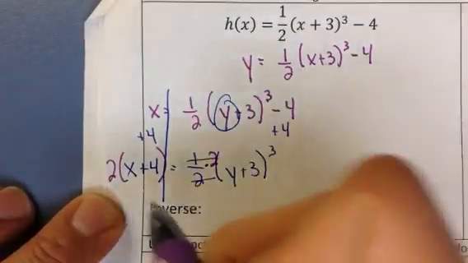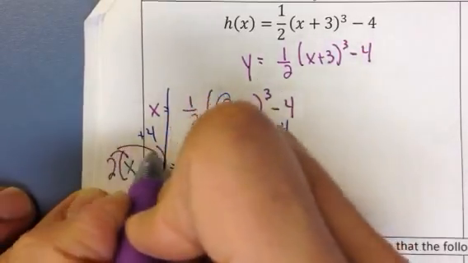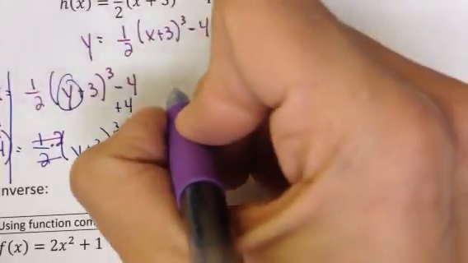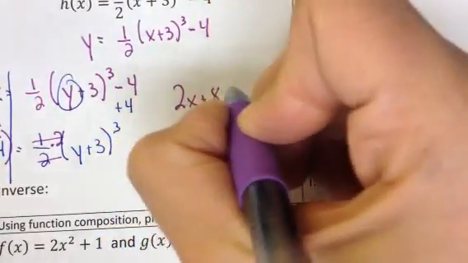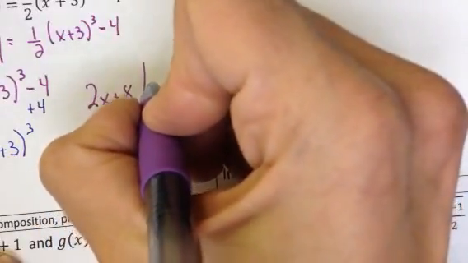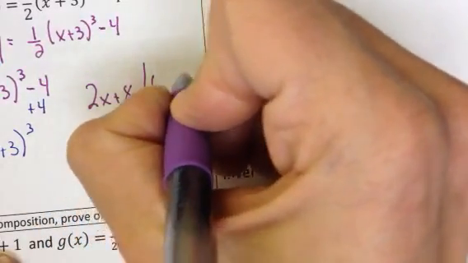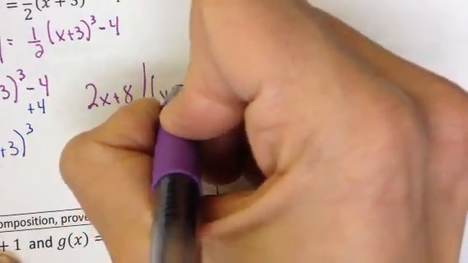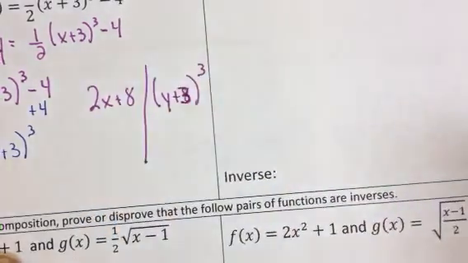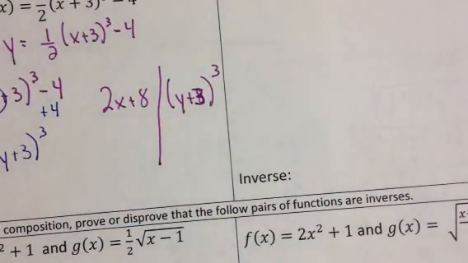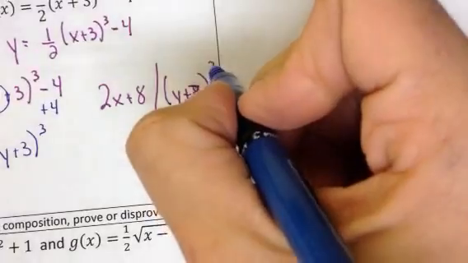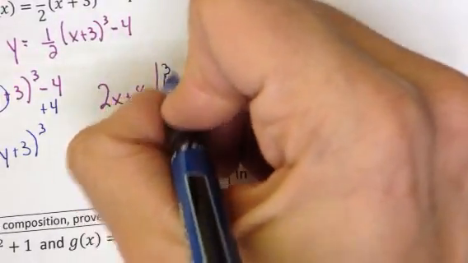Okay? So real quick, that means I'm going to get 2x plus 8. So I'm moving over here on the left side of the wall. And on this side, I still have the y plus 3 cubed. And now to get y by itself, I'm going to get rid of the exponent. So I'm going to cube root it.